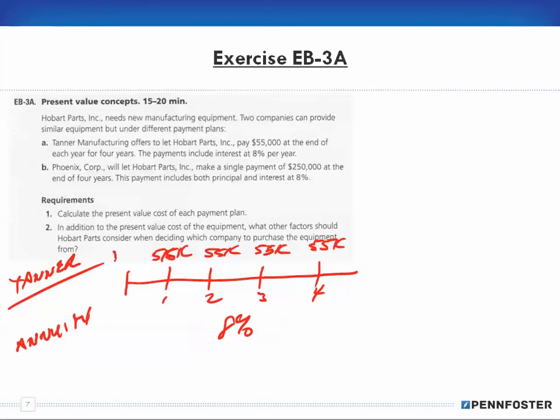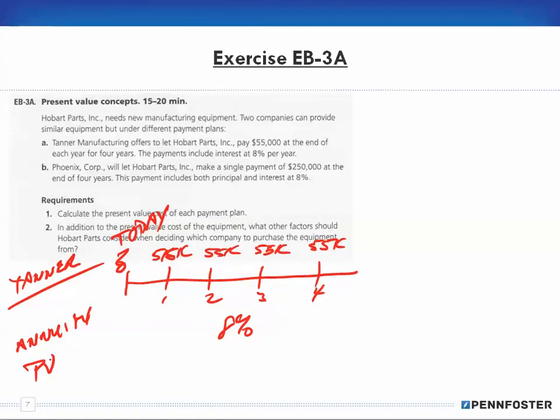All right, and if we're starting here today, if we're making these payments, we want to know what the present value of those payments is in order to make a strong comparison here. Because they're making payments at the end of each year for 4 years, we want to know in today's value what those payments represent.